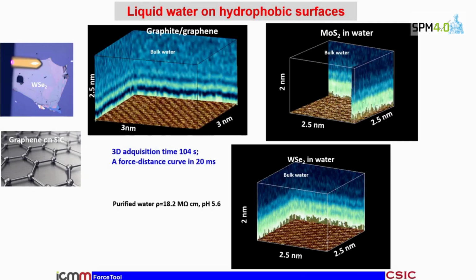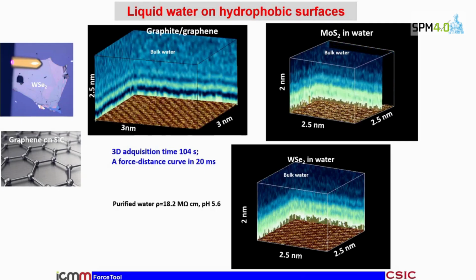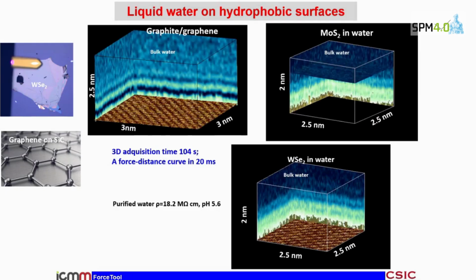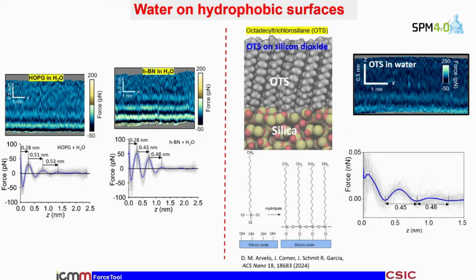What is really relevant is that when we measure the distances between the layers, we didn't find the 3 angstroms. We got 4.3 to 5 angstroms.